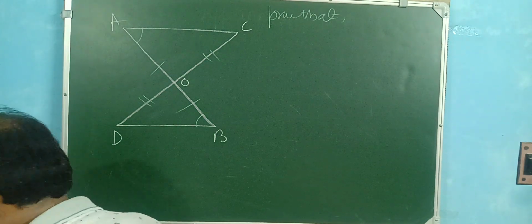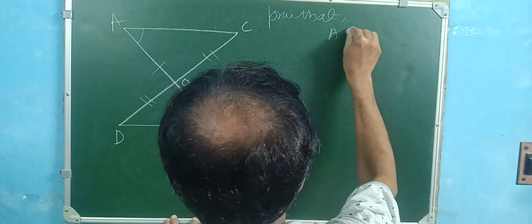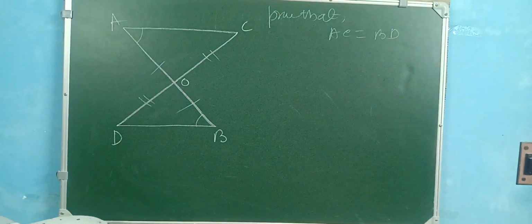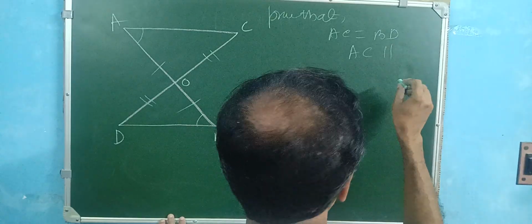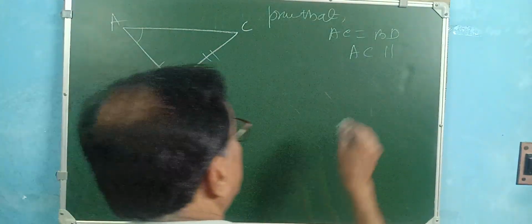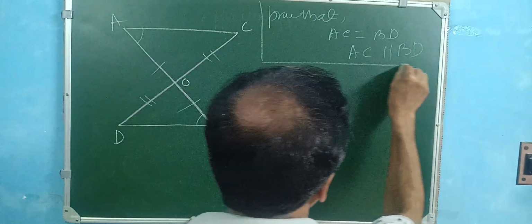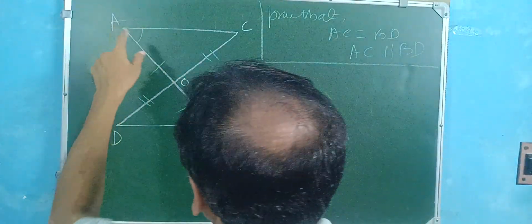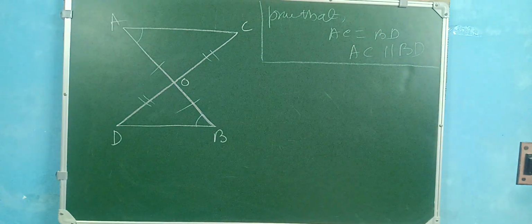Prove that AC is equal to BD and at the same time AC parallel to BD. এটা prove করতে হবে. এটা কিন্তু given নয়, এটা prove হবে.